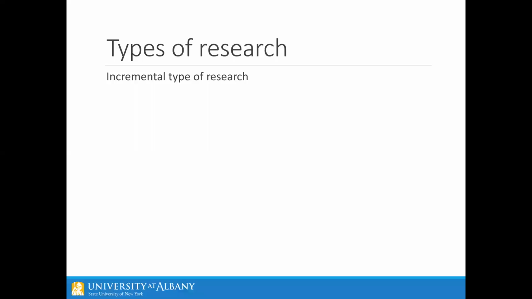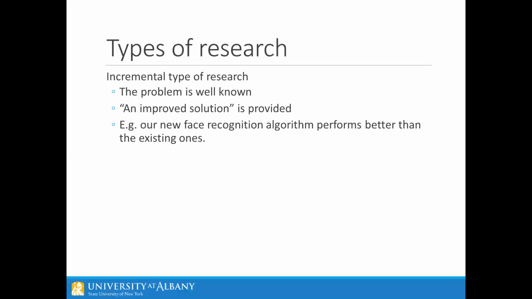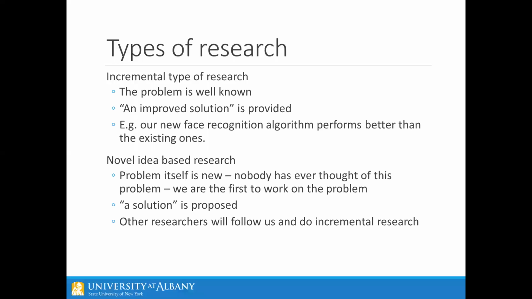So if I ask you, which one is harder to do here? Incremental type of research or novel idea based research? We can look at more characteristics of these types of research. Incremental type of research: a problem is well known, an improved solution is provided. For example, you have a new face recognition algorithm, which is better than existing ones in some sense.